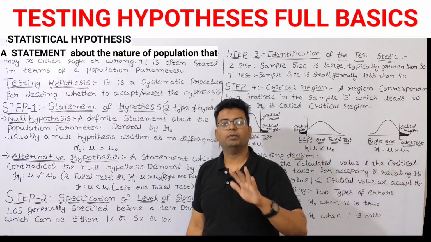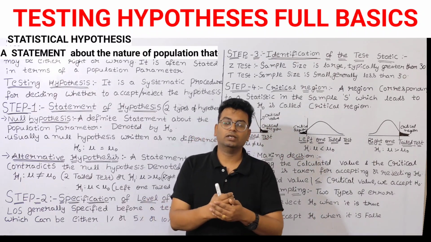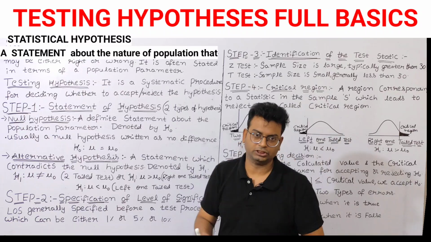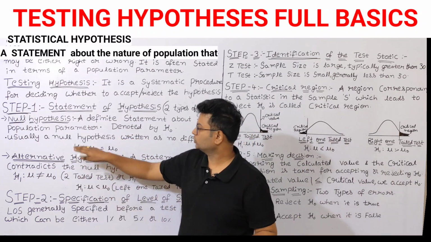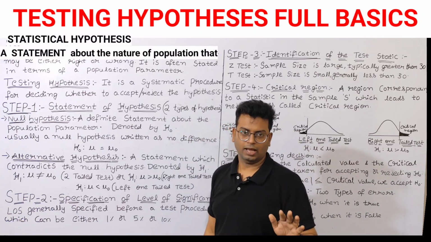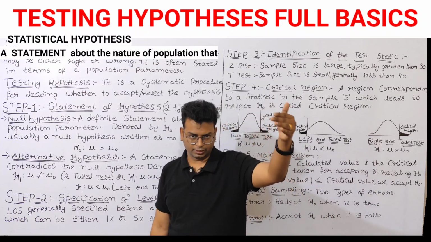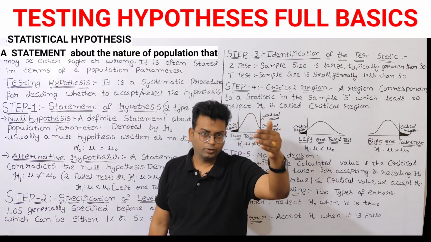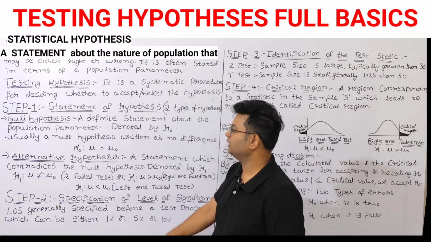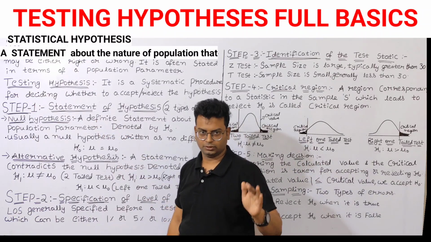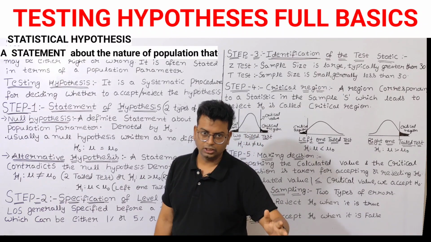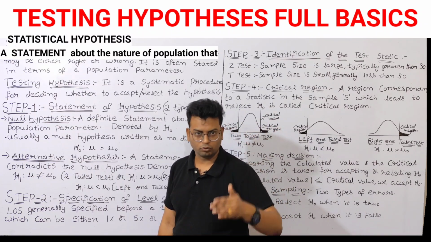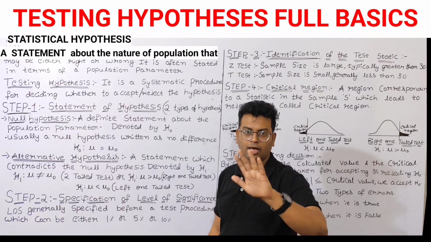First step, statement of hypothesis. Whatever condition has been given in the question, if we note that as if it is true, it is called the null hypothesis. We copy the same condition from the question as true, without any difference or change, and it's called the null hypothesis.